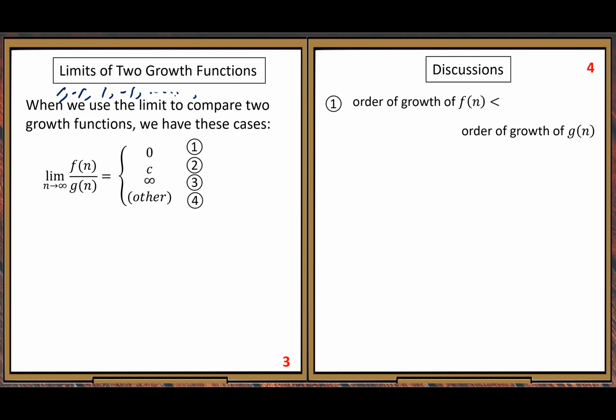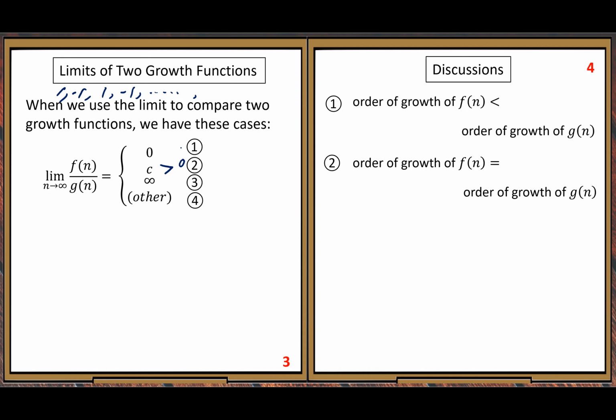Then let's look at the other cases. Case number 2: a non-zero constant c. For our algorithm problem, we should put greater than 0. In our algorithm context, we do not consider a negative constant.